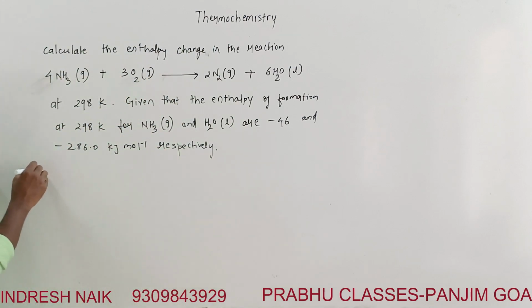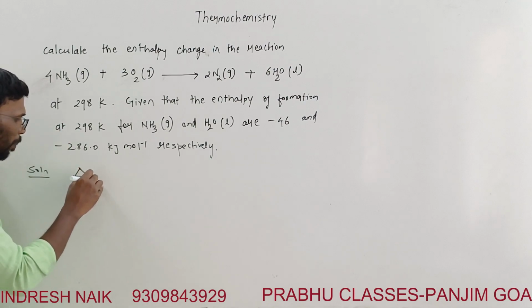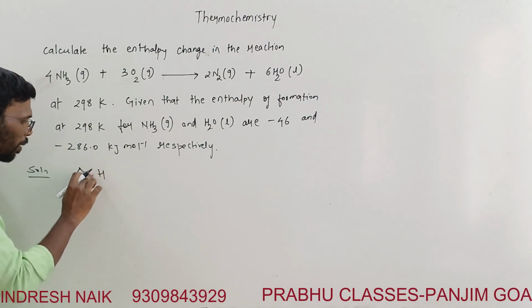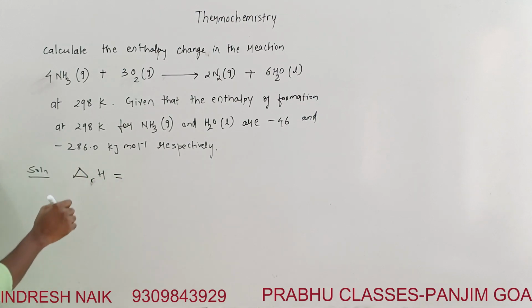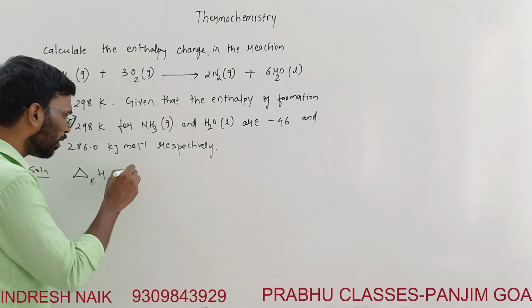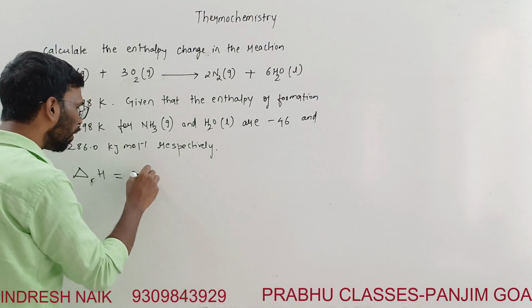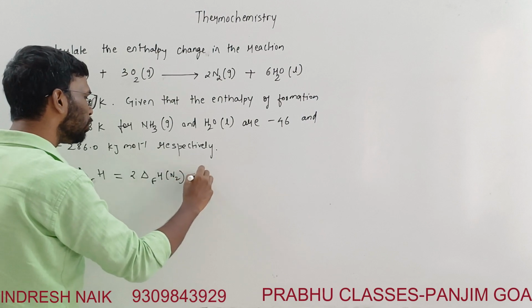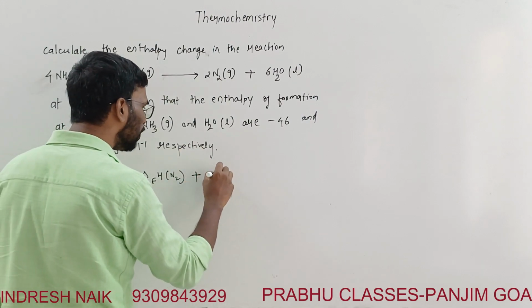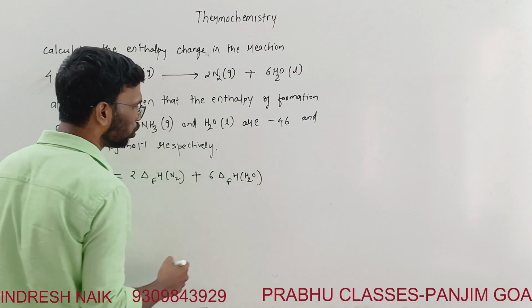I'm writing the solution. Finally, what is asked is the enthalpy of the reaction. So ΔrH is equal to the sum of enthalpies of formation of the products minus the sum of enthalpies of formation of the reactants. Here the products are nitrogen and water: 2 into enthalpy of formation of nitrogen plus 6 into enthalpy of formation of H2O.